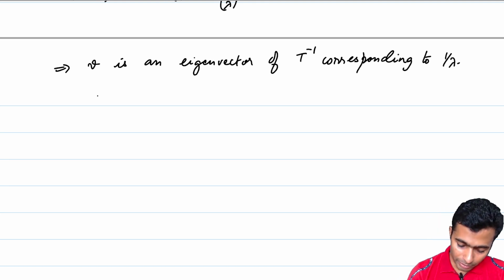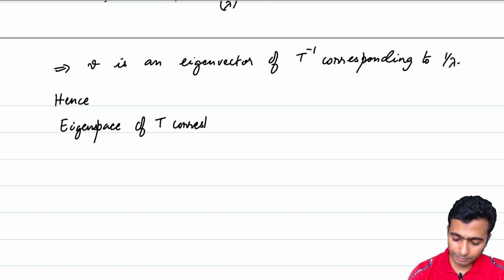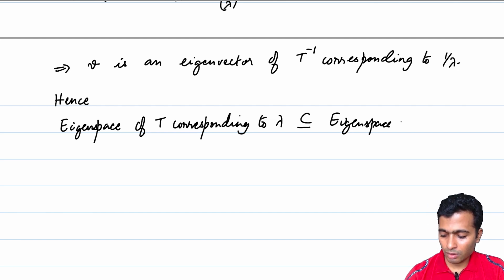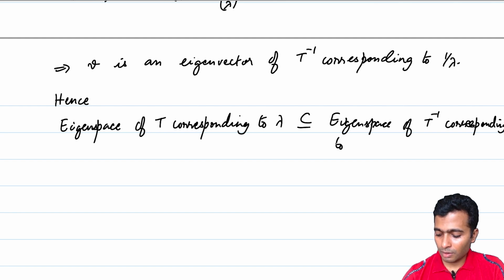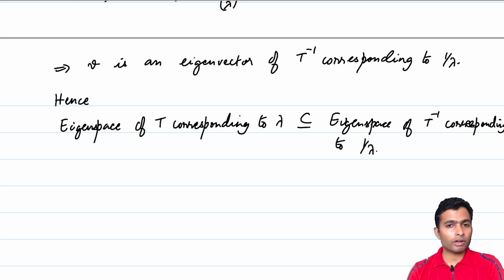So now I should be able to say this: the eigenspace of T corresponding to lambda is contained in the eigenspace of T inverse corresponding to 1 by lambda. But then this is a symmetric argument. If we had started off with T inverse in place of T and T in place of T inverse, we would have got the containment the other way.